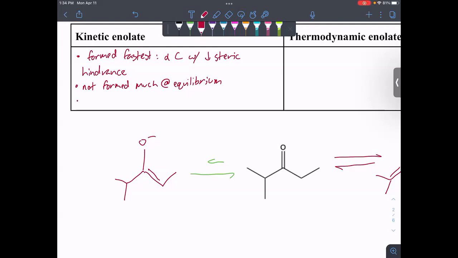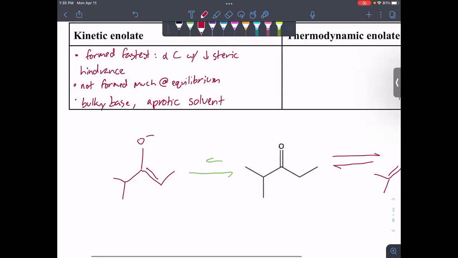So to prefer the kinetic enolate, you use a bulky base and an aprotic solvent like DMSO or THF. On our left side, to go from the ketone to the kinetic enolate, I would use LDA over THF.